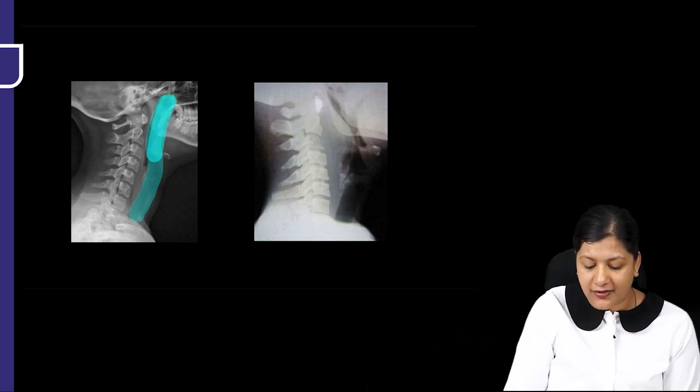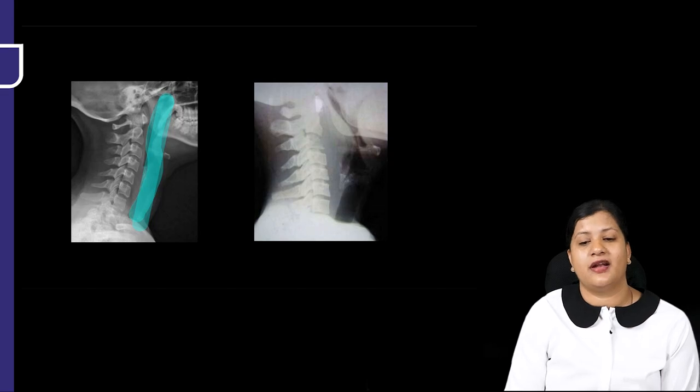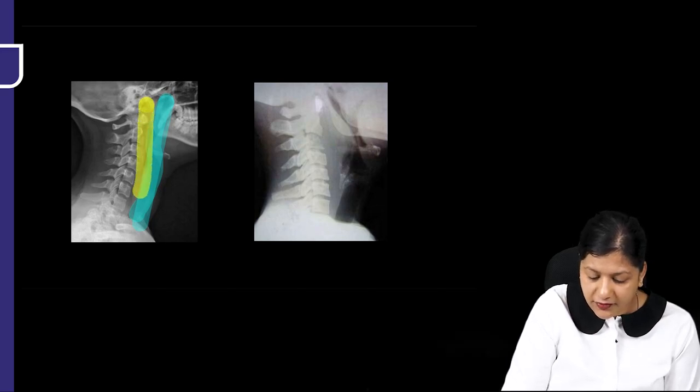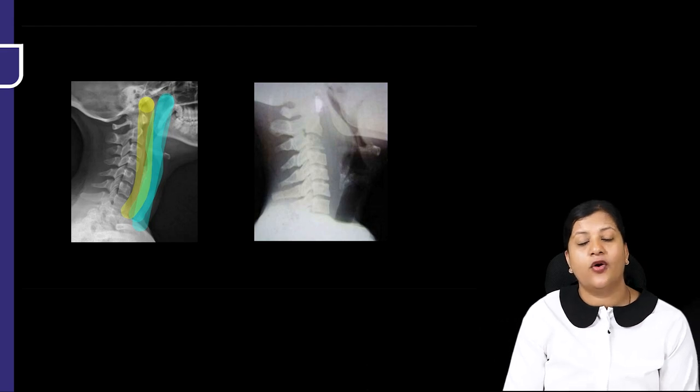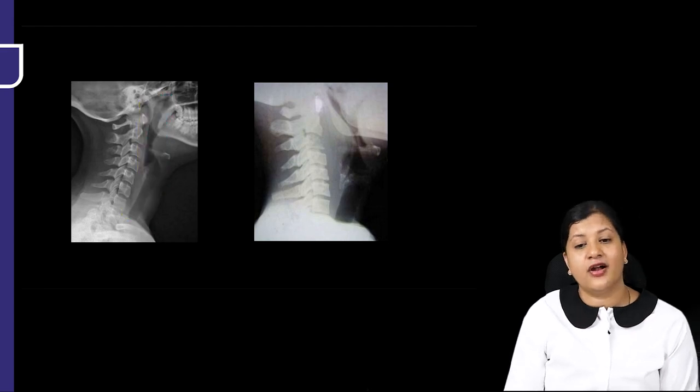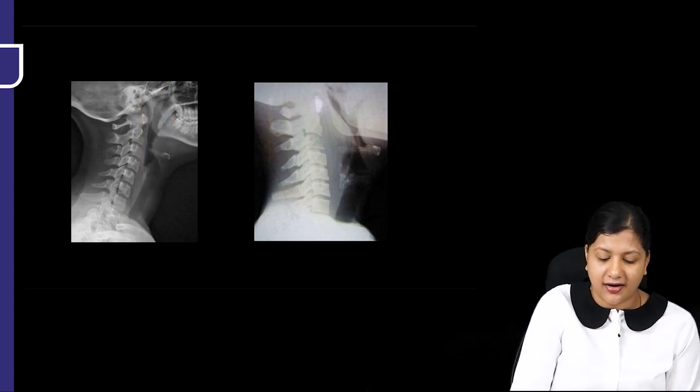This column of air we call your respiratory tract. Behind that you see a greyish shadow. This greyish shadow in front of vertebra, what do we call that? That is your digestive tract, hypopharynx leading to esophagus. So we have the respiratory tract in the front and the digestive tract behind.